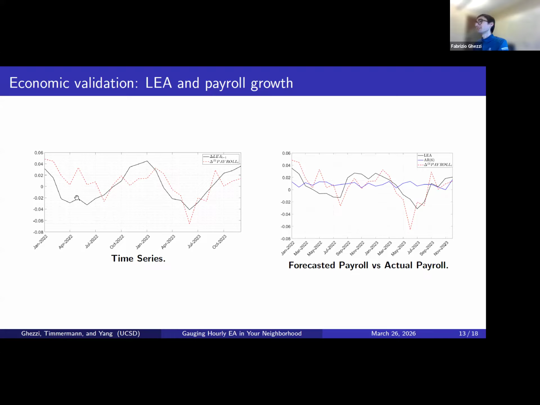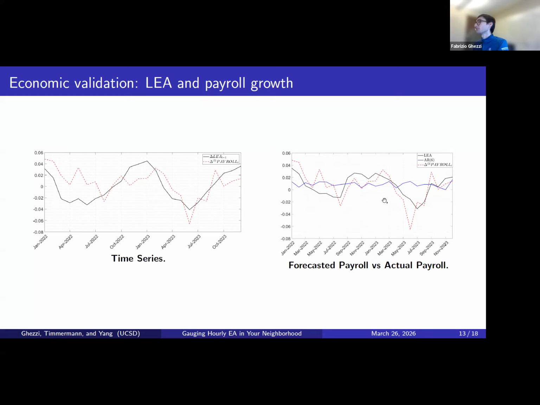You can see that the cycle that we extract, our common factor, which is the solid black line, is really proxying the underlying dynamics that you observe in payroll growth in the San Diego area. Of course, the issue with macro data is that it is released very late.